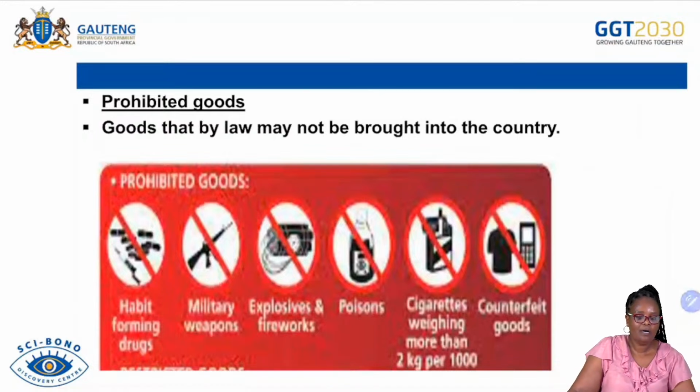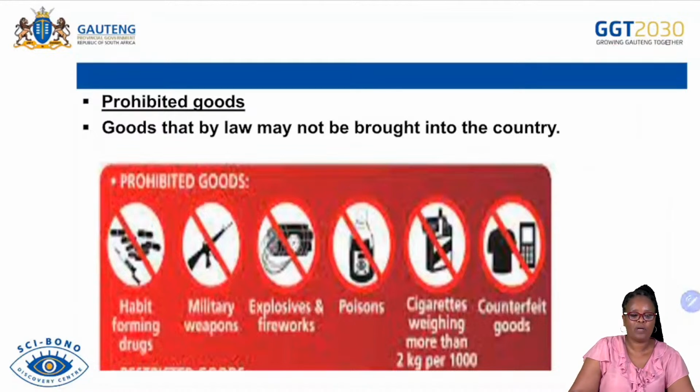Look at the picture there. We have the habit-forming drugs, narcotics, drugs, weapons, poison, counterfeit goods, and goods that have been made in prison. All of this, they're not supposed to be brought into the country.